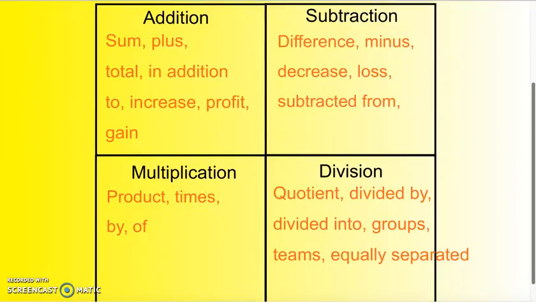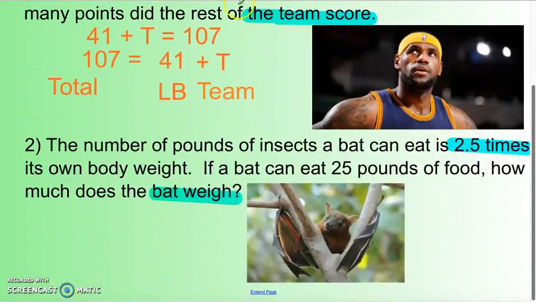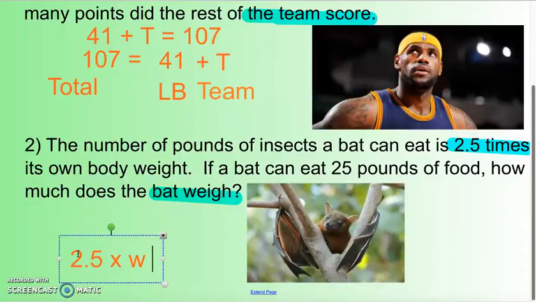So I can go back to our problem, and I know that we're going to take 2.5 and multiply it by whatever that body weight is. And we don't know the body weight, so what do we use in algebra if we don't know something? Correct, we use a variable.